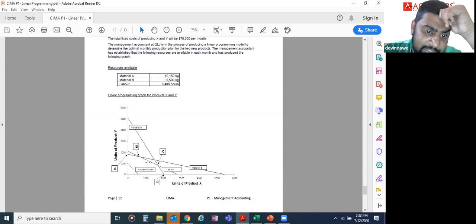Find the optimum production point. Then after that, get the constraint equations of the two constraints intersecting at the optimum point. First of all, find out whether the optimum point is A, B, C, or D.